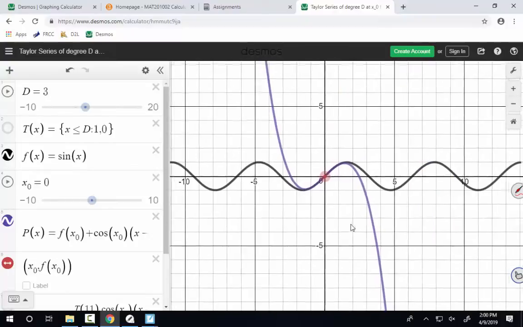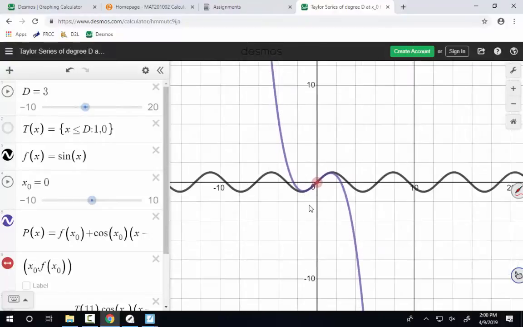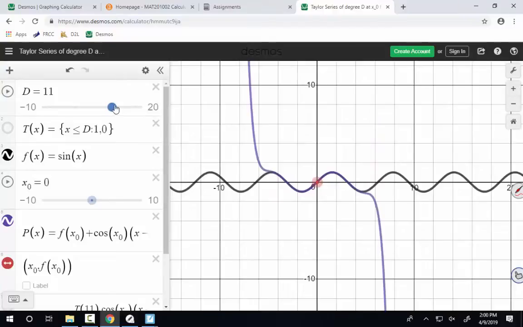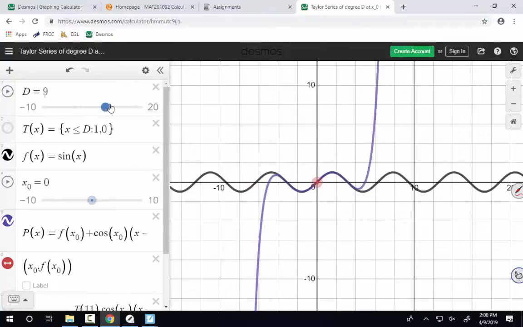Okay, I'm going to move this, and we're going to get the third degree, the fifth degree, the seventh degree polynomial that approximates sine. Just notice on the ends how much more of the sine function gets filled in. It's funny, it looks like it's waving, or something dancing.